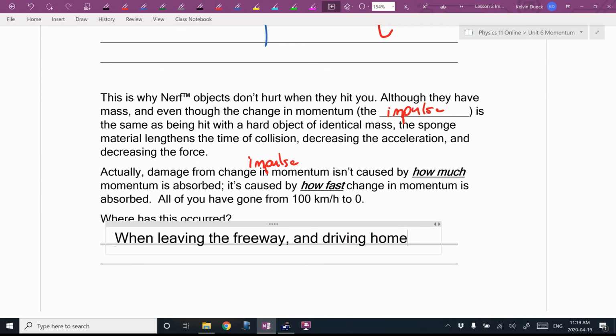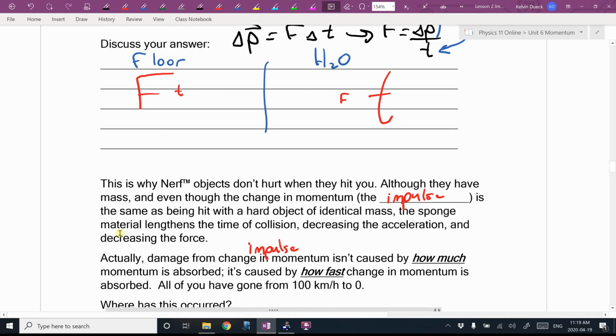We spread that time out over such a long period that you hardly even notice the force. So there, we make the time so big that the force is almost 0. Same impulse as in a car accident at 100 kilometers per hour to 0. The issue in a car accident on the freeway would be the time of impact is so small that the force your body absorbs is huge.